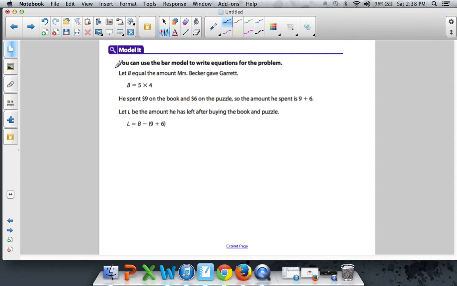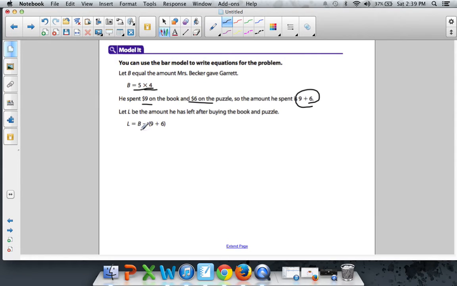So we use the bar model, but you can also use equations. So this equation matches the problem on page 78. It said that he made $4 for 5 hours of work, so that's 5 times 4. And then he spent 9 and he spent 6, so they added up everything he spent.